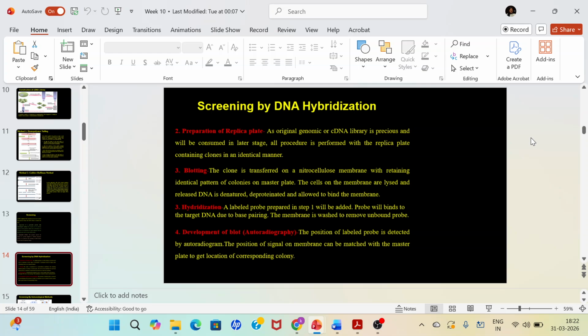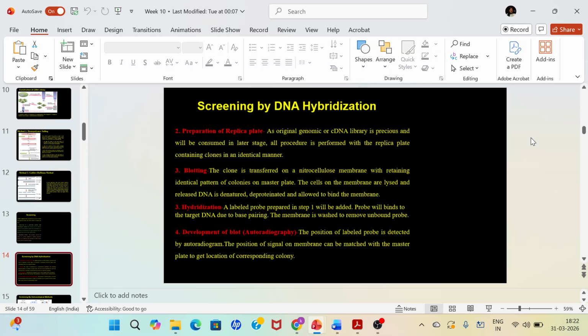When we say screening by DNA hybridization, generally a replica plate is made from the original plate, the original plate on which we have gotten the bacterial colonies. A replica plate is made so that we have the original stock also.